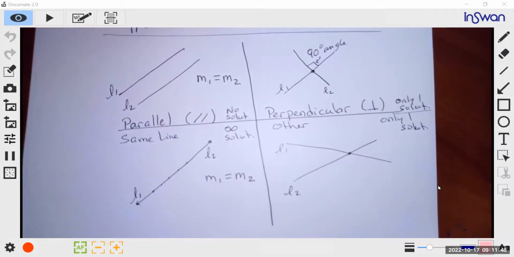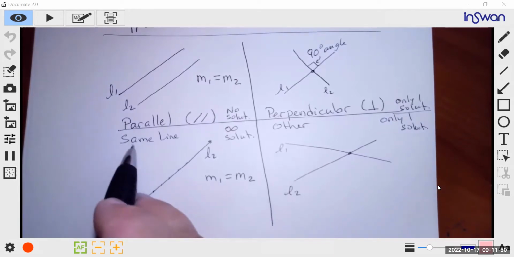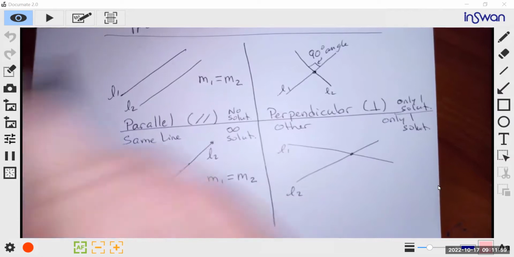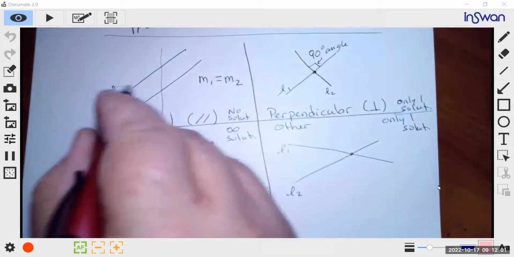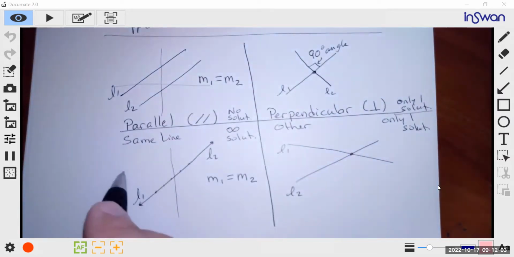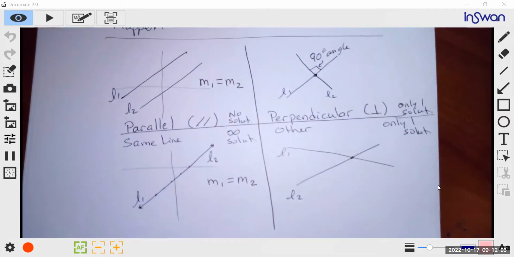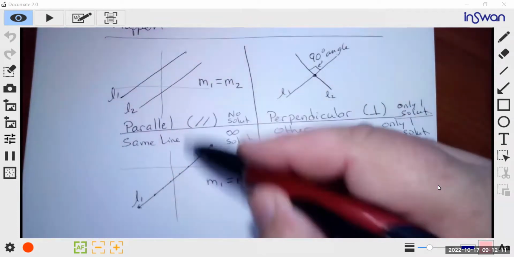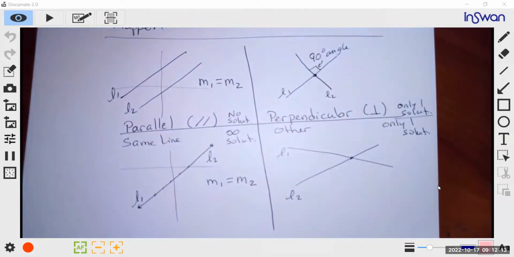How do you tell those two apart? How do you tell the difference between the same lines and parallel lines then? Let's pretend these are our graphs. We know the slopes are the same. The slopes are the same. But what distinguishes these two pictures?